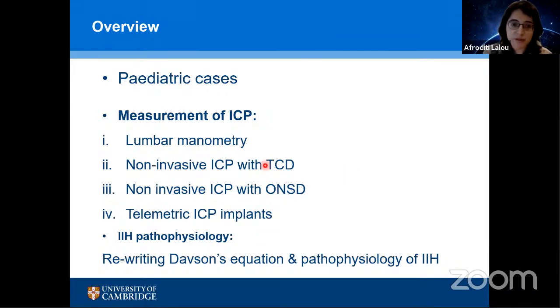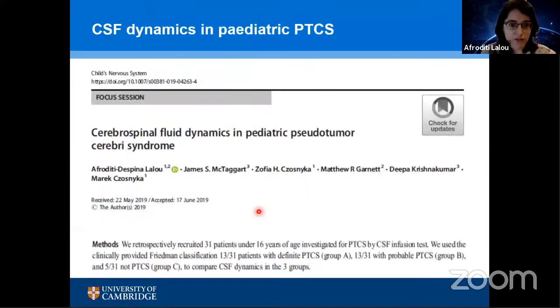Why we don't prefer lumbar manometry, about some advances and some ways of progressing into non-invasive ICP with different methodologies, and then we'll focus a bit on pathophysiology of IIH, specifically Davson's equation, as well as implications in adult IIH.